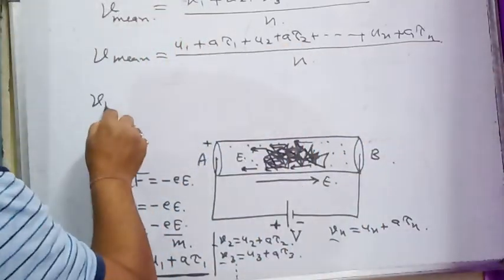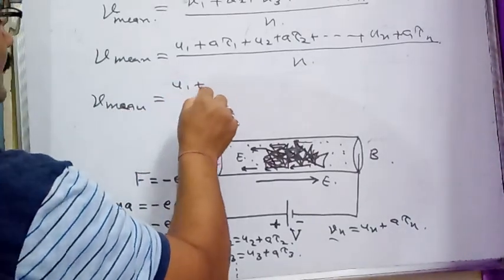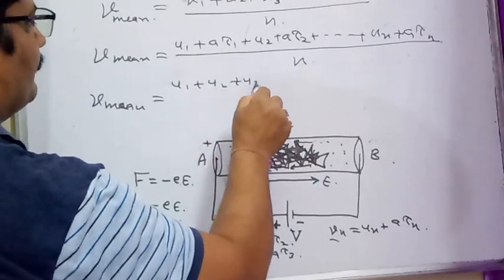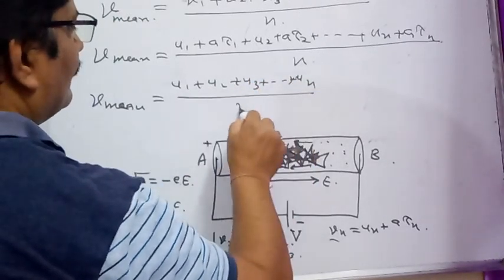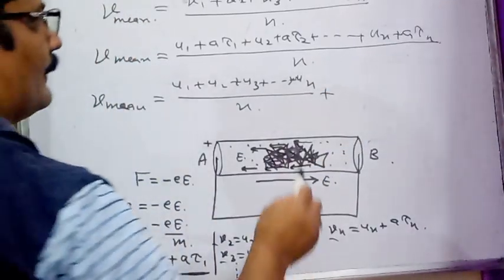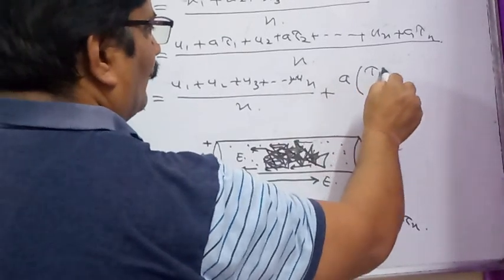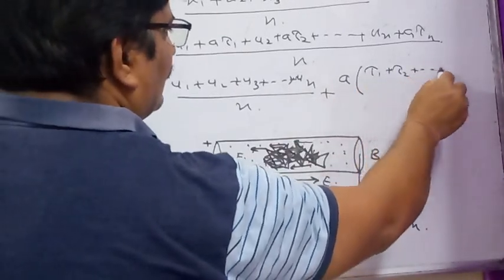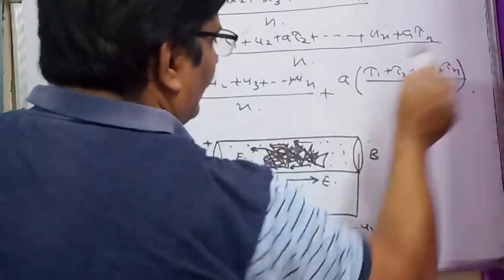This can be written as V mean is equal to u1 plus u2 plus u3 plus and so on, un, divided by n, plus a, which is common, times tau 1 plus tau 2 plus and so on, tau n, divided by n.